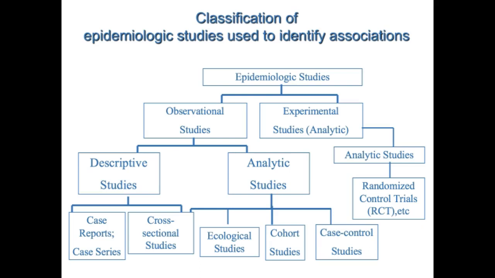The other arm of the graph is experimental studies, such as randomized controlled trials, which will randomly allocate individuals to treatment and control groups and observe outcomes. It's important that you familiarize yourself with these different types of study designs and are aware of the strengths and limitations of each.